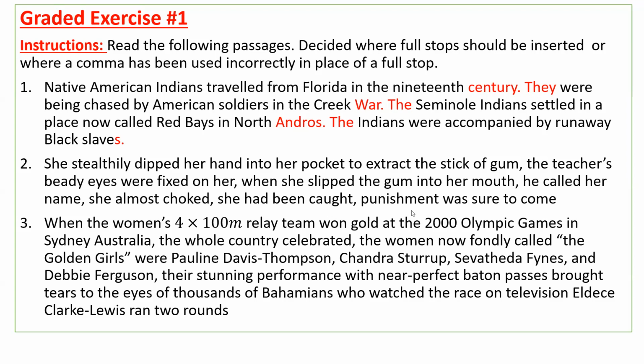Okay, so let's look at number 2. She stealthily dipped her hand into her pocket to extract the stick of gum. The teacher's beady eyes were fixed on her when she slipped the gum into her mouth. How do we correct that?